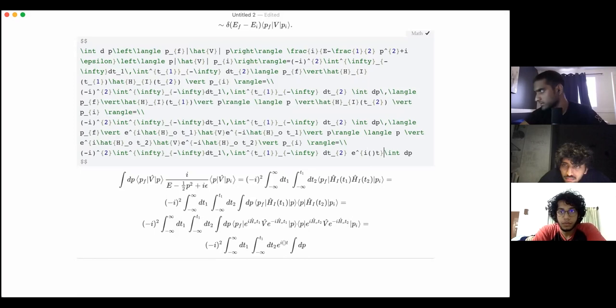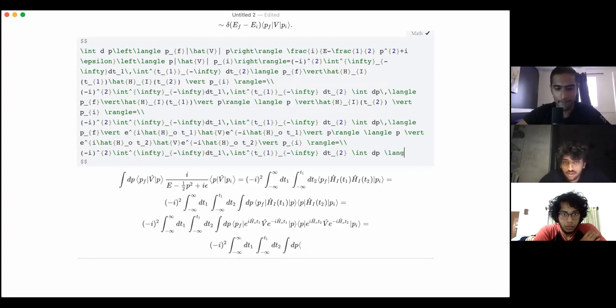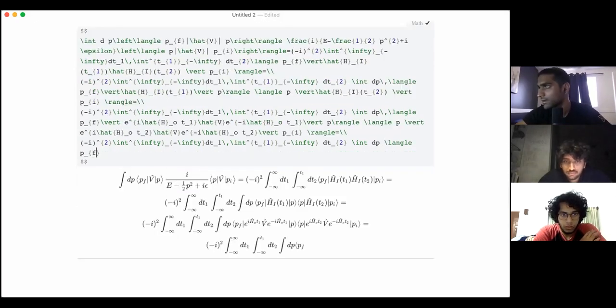Actually, let's not. Let's just get the e's to come out near their definition. So we're going to have to be careful about this. Let's just replace them where they stand with the eigenvalues instead of the operators.